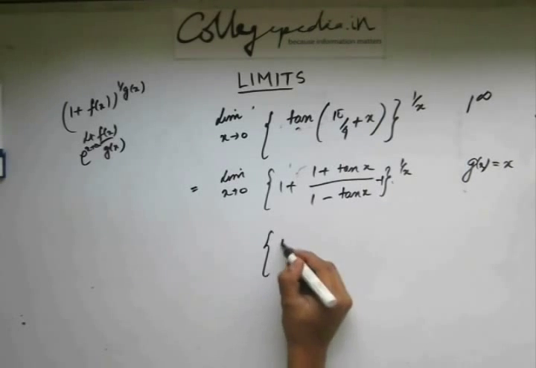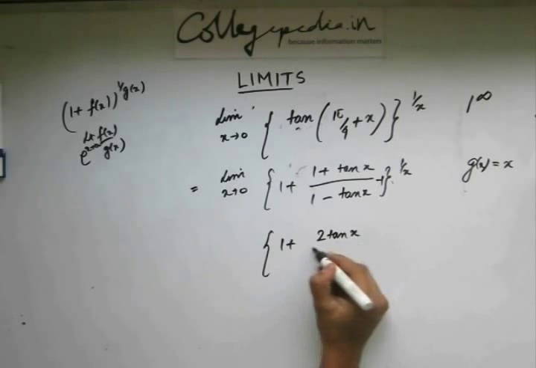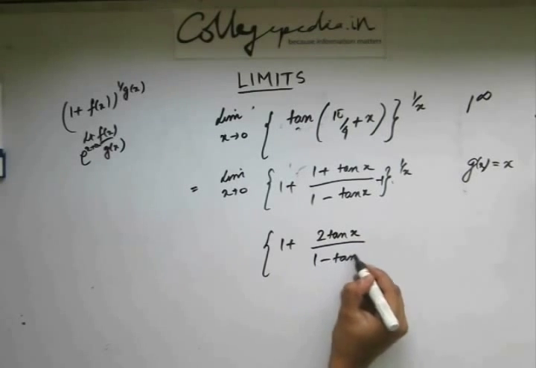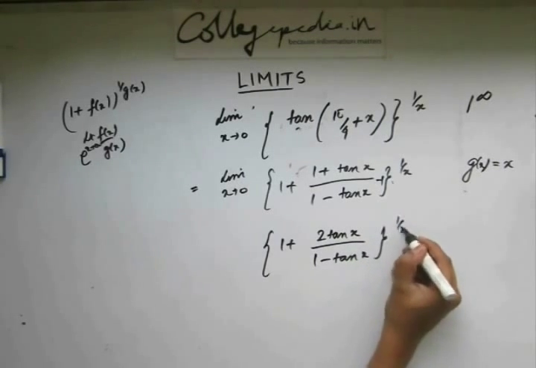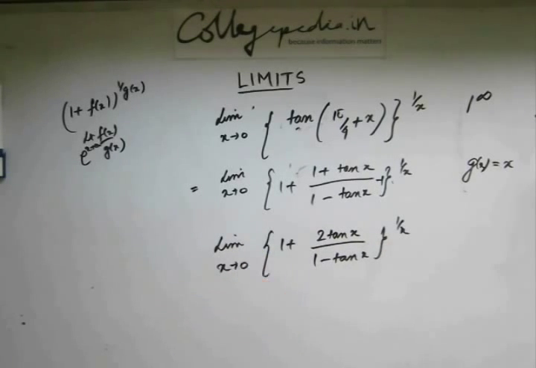Now if I modify this, I'll get 1 plus 2 tan x by 1 minus tan x. Here you can see that if I put x equals 0, this is 0, this is 0.